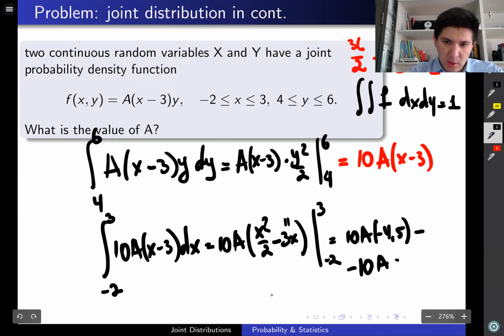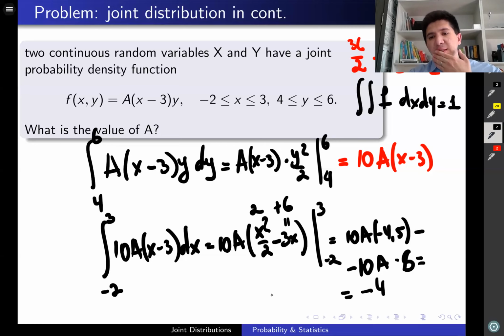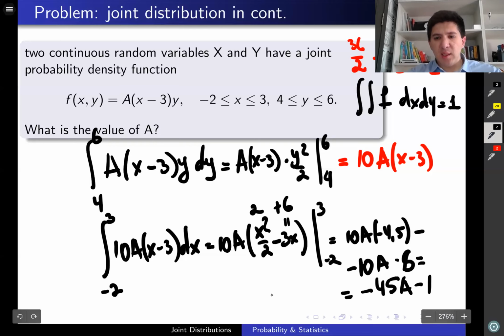Plus 6 and 2, 8. Good. So in general, I've got minus 4.5 multiplied by 10, which is 45a, minus 80a, and this should be equal to 1.